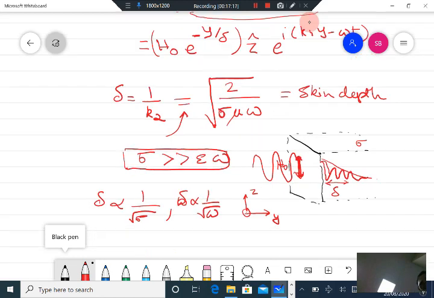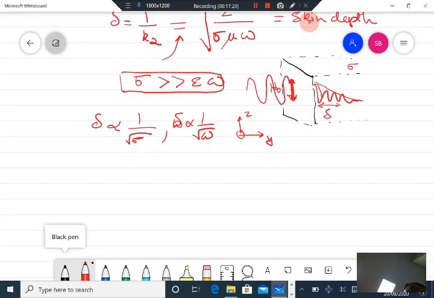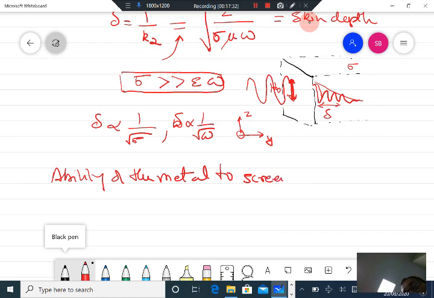So this ability of the metal to screen AC magnetic field is somewhat like the Meissner effect.